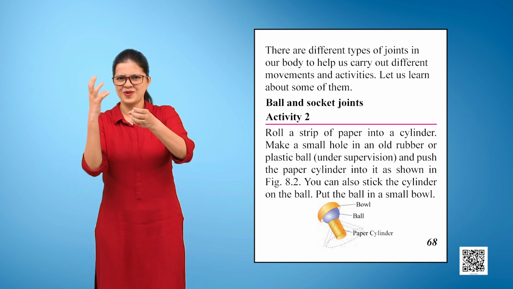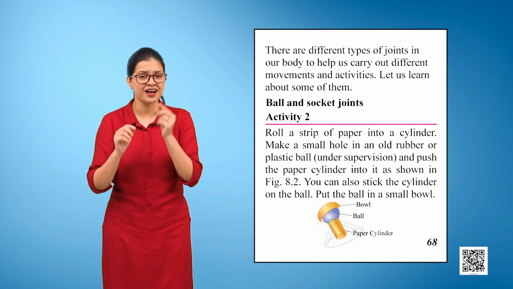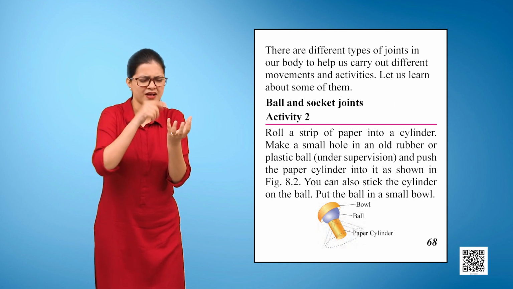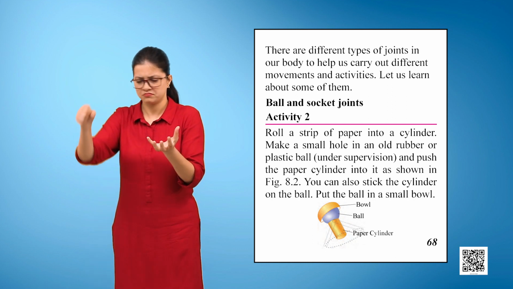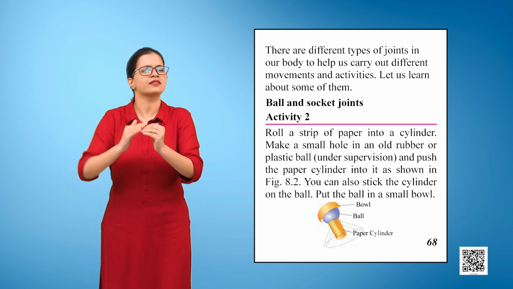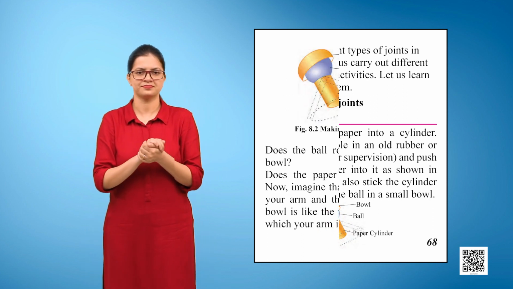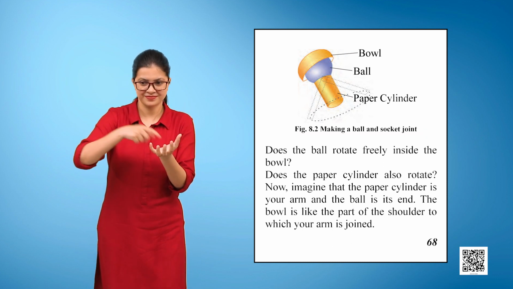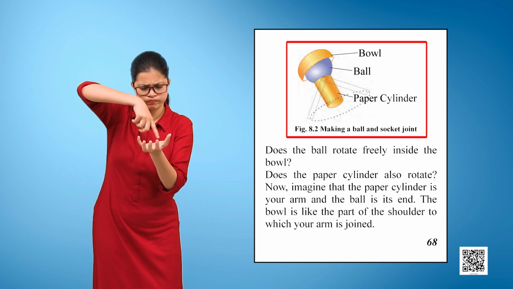You can also stick the cylinder on the ball. Put the ball in a small bowl. Figure 8.2 shows making a ball and socket joint.